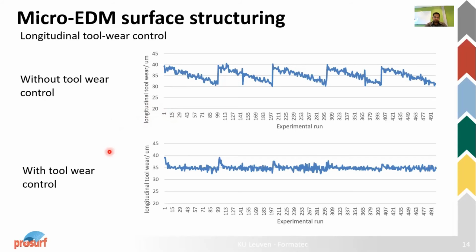So it's not proportional. Therefore, our colleague designed a control system based on dynamically adjusting the open source voltage of the Sarix machine, and he also introduced some tuning parameters in the control algorithm, so that we can maintain constant longitudinal wear during all the experimental runs.